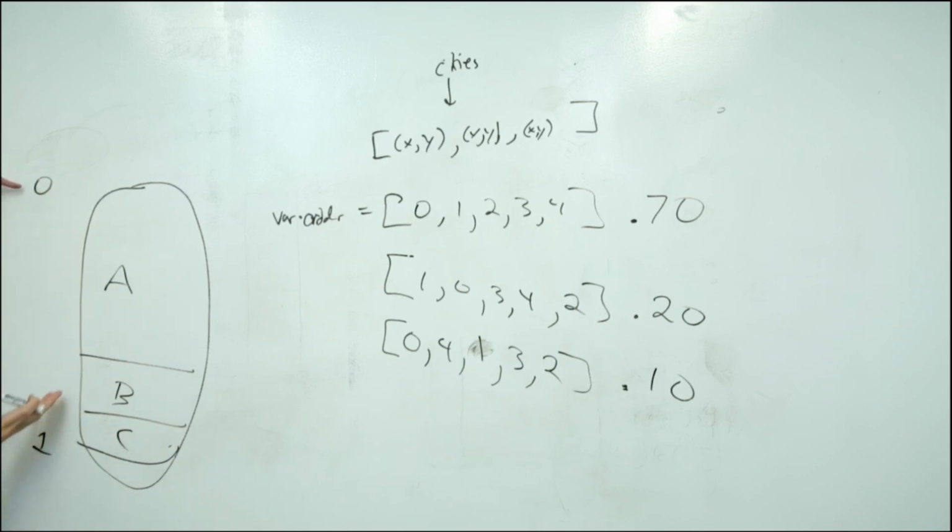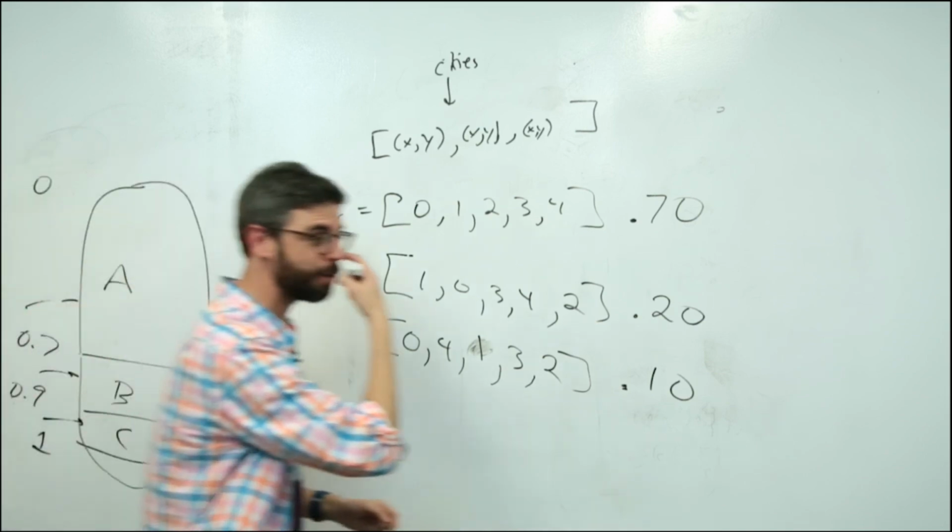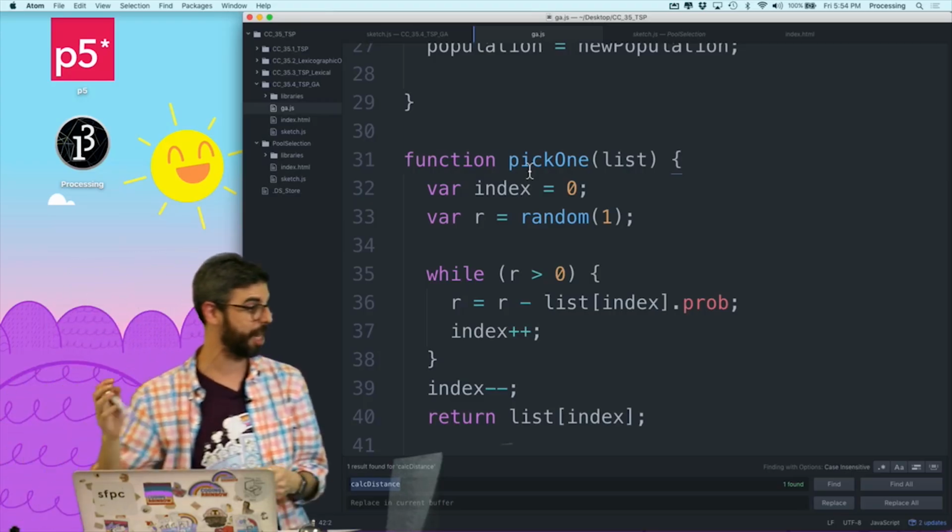Whenever I pick from 0 to 0.7, I'm going to land within here. Whenever I pick from 0.7 to 0.9, I'm going to land within here. And whenever I pick from 0.9 to 1, I'm going to land in here. So you can see that 70% of the time, I'm going to land in here. And that's what this algorithm is doing, and I go through it in more detail in the other video.